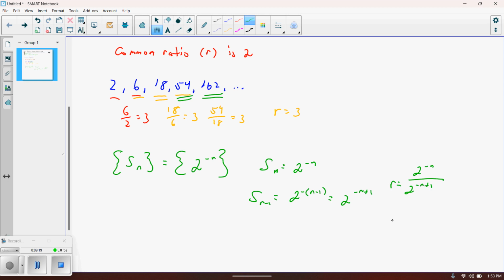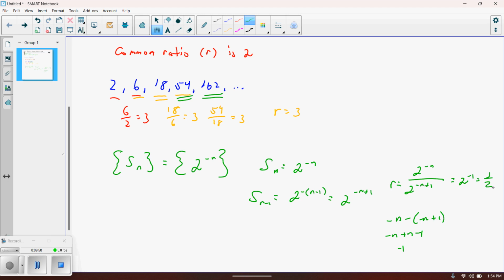So really what I'm looking at is a negative n minus a negative n plus 1. If I distribute the minus sign through there, we're going to get negative n plus n minus 1. Well, negative n plus n goes away, so you end up with negative 1. So ultimately what we have here is 2 to the negative 1 power, which is the same thing as 1/2. So your common ratio in this particular case would be 1/2.